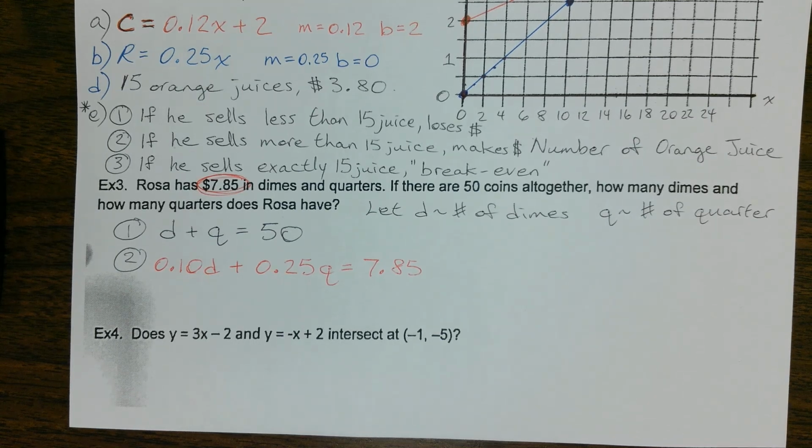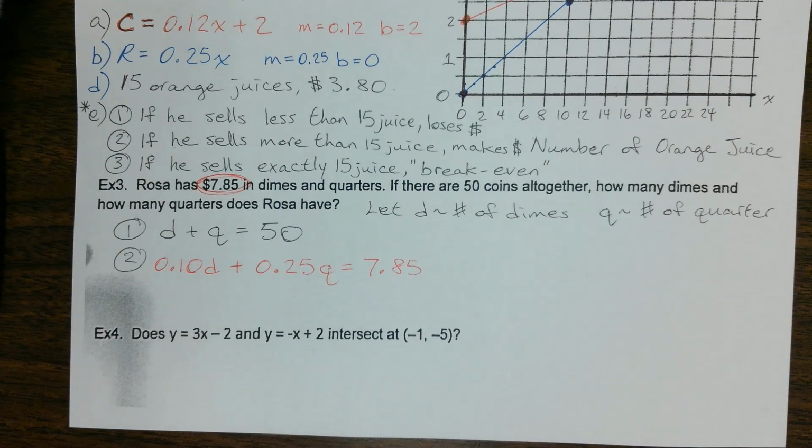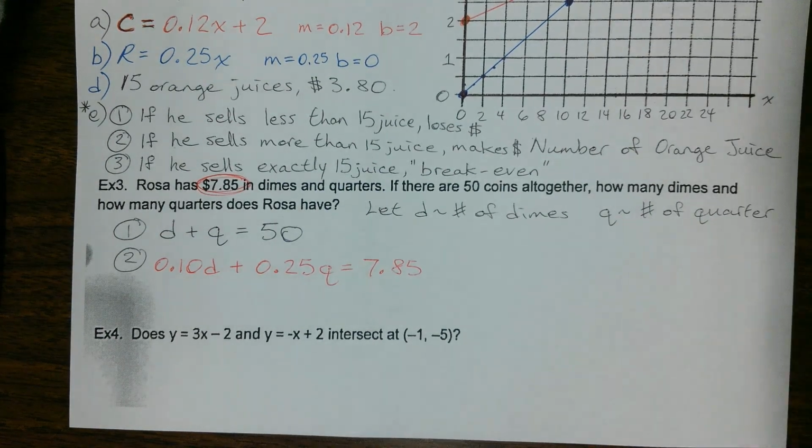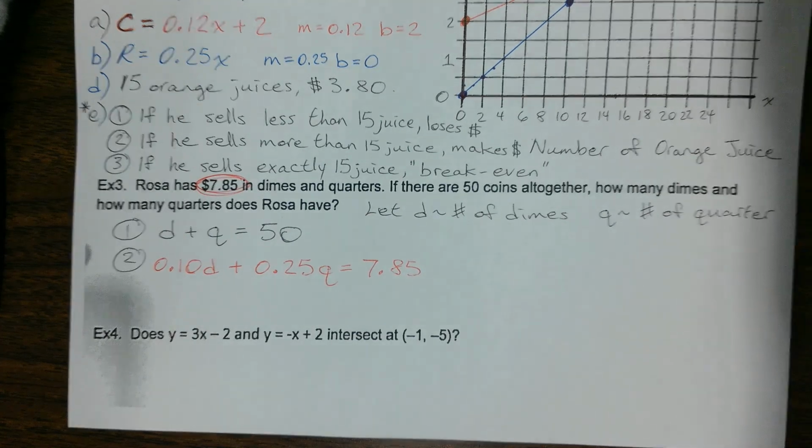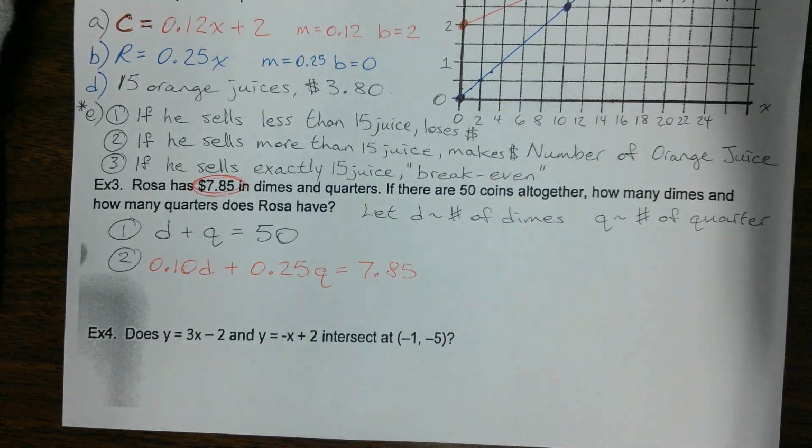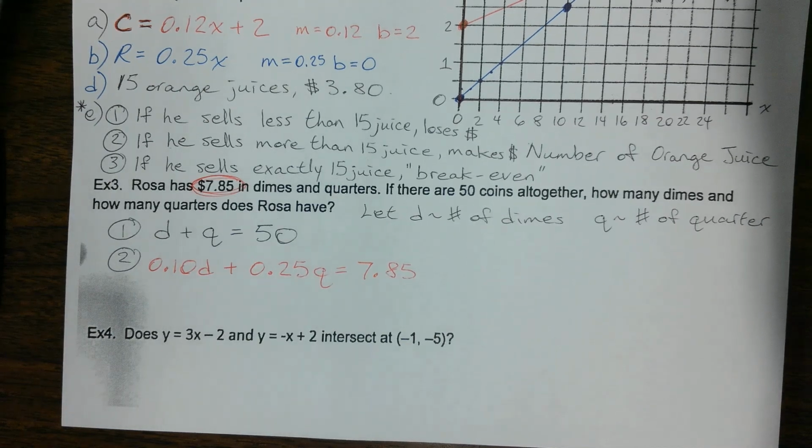Yeah, so remember, as I said in grade 9, we only solve these by graphing. So I'm going to just use Desmos. You can use Desmos to help. Okay, so D plus Q equals 50.